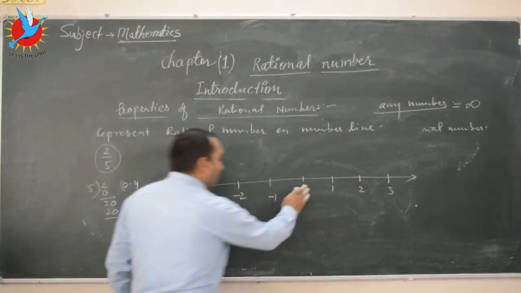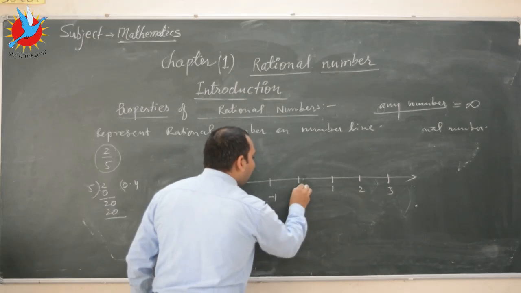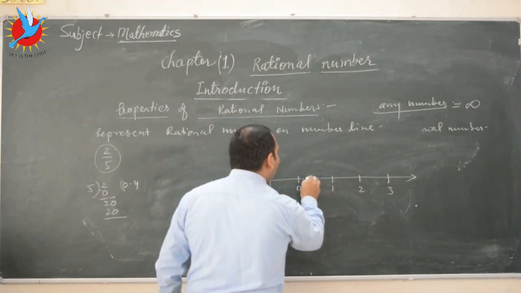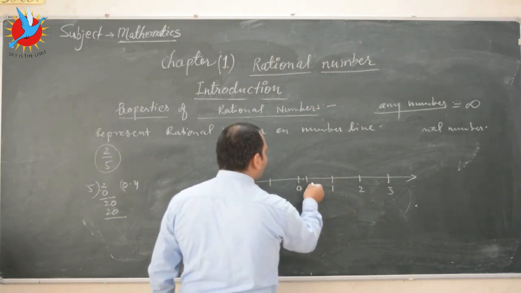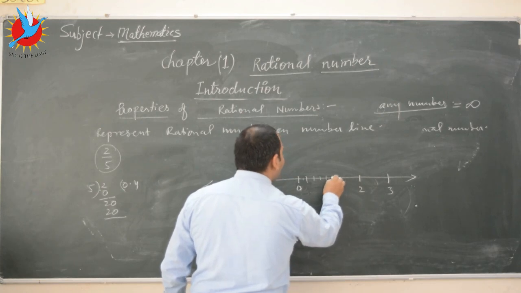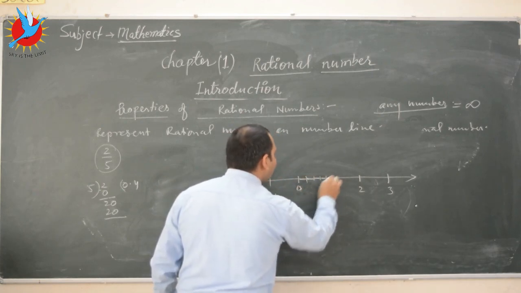So we divide 0 to 1 into 5 equal parts, that is 1, 2, 3, 4 and 5 equal parts.